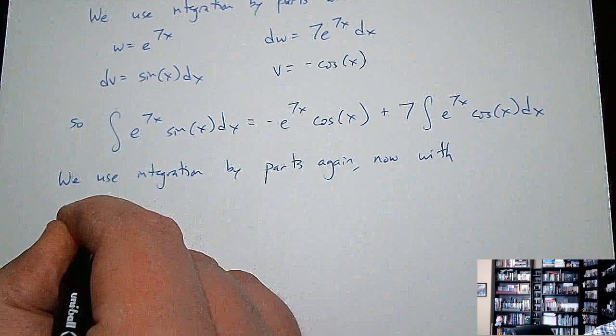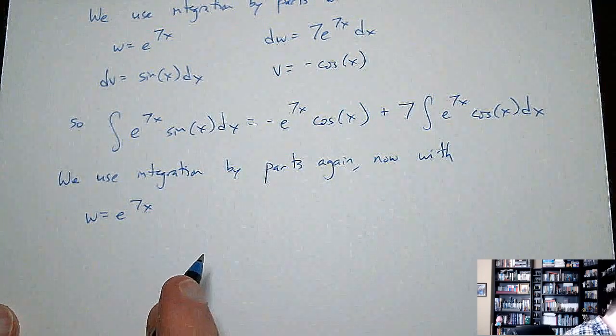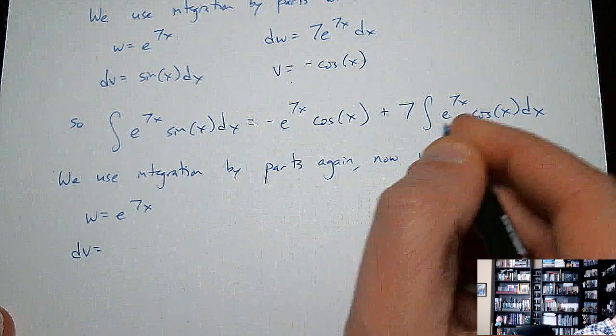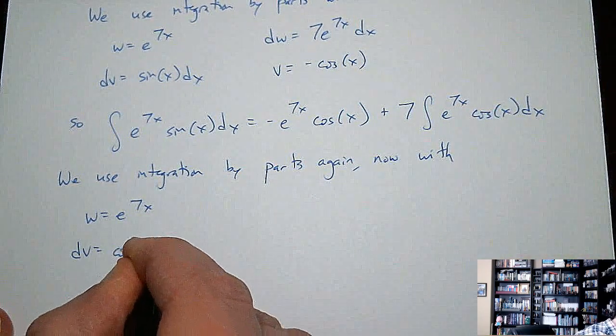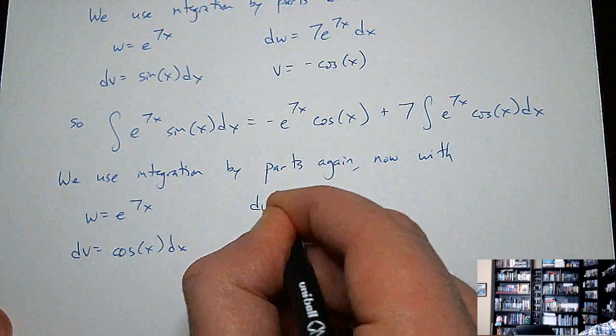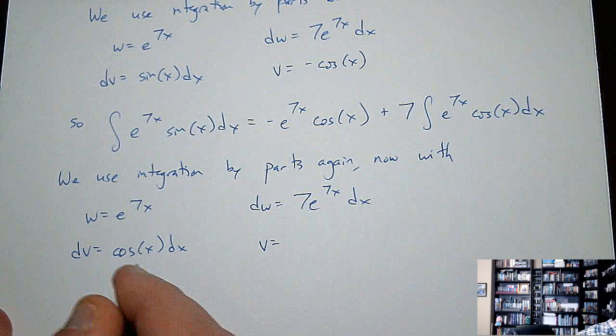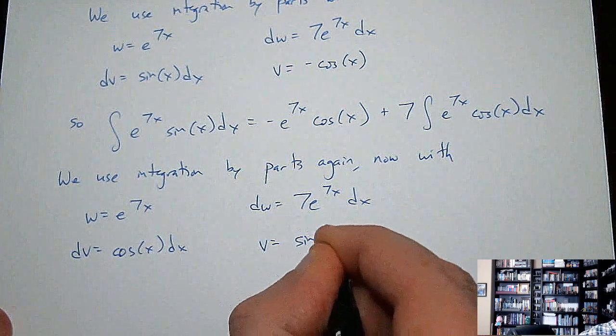And so we're still going to let w be e to the 7x. That part hasn't changed. But dv will now be cosine x dx. So dw is still 7 times e to the 7x. And v, an antiderivative of cosine x, of course, is sine x.